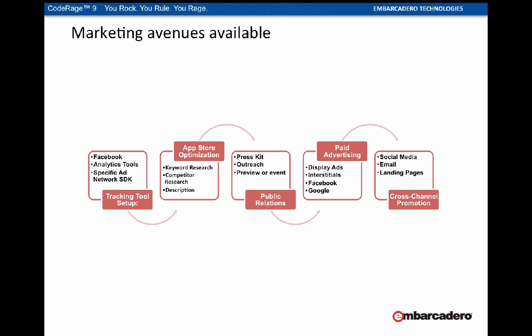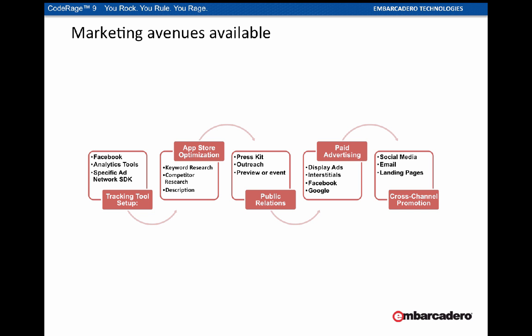So what are the tools or the avenues available for marketing your app? Well, as we all know, some of us are on Facebook, some of us are on Twitter, some of us are on LinkedIn. You have a lot of social media based leverages that you can use.